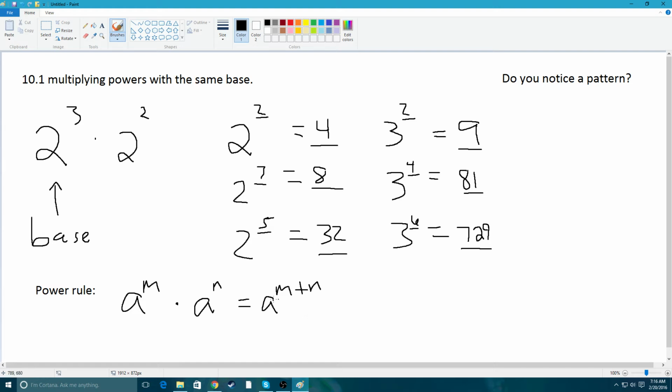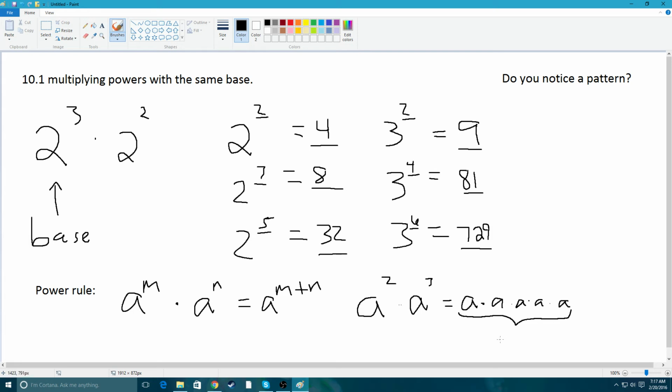Okay. So an example of this would be like if you're trying to multiply a couple exponents together. So a to the second times a to the third. If we were trying to multiply that out, this is a times a, and 3 a's is a times a times a.